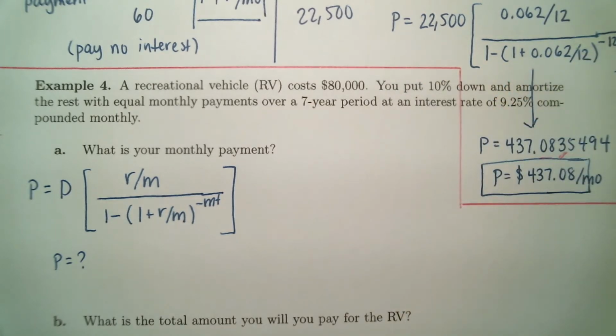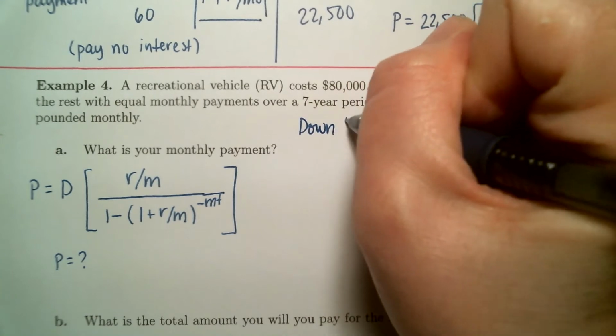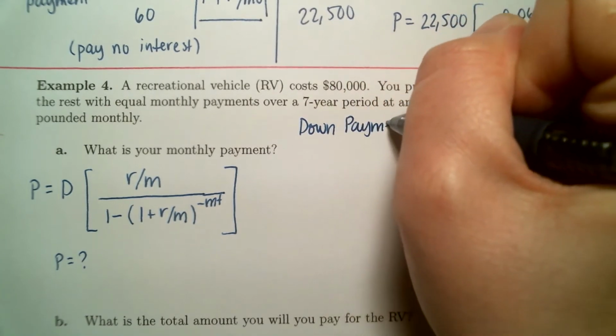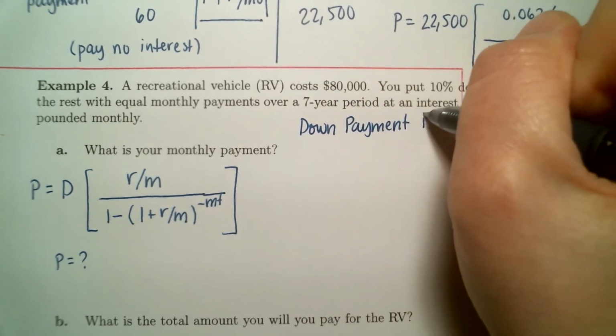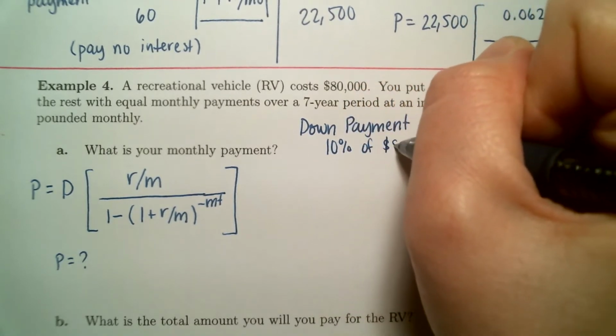You are going to put 10% down. You're going to make a down payment of 10%, and then you're going to finance the remainder. So let's figure out how much the down payment is. The down payment is 10% of $80,000.